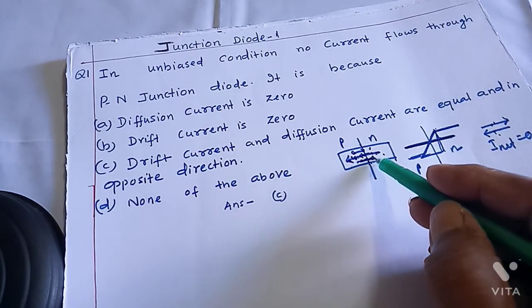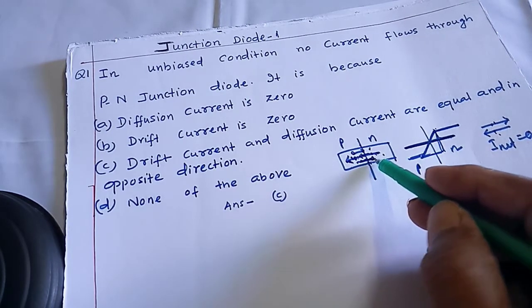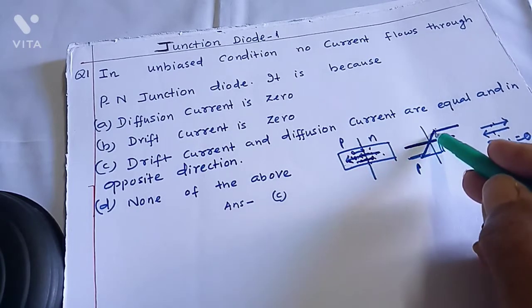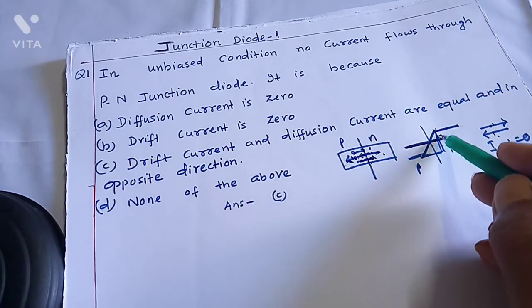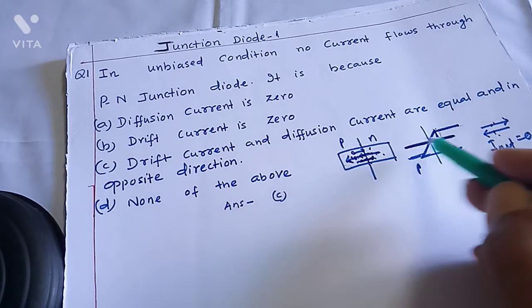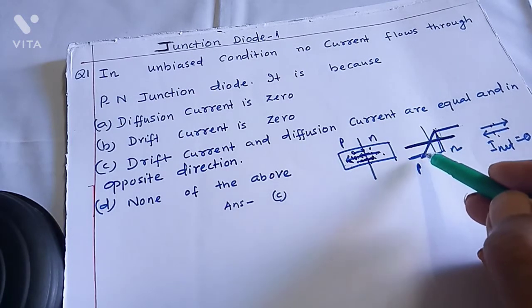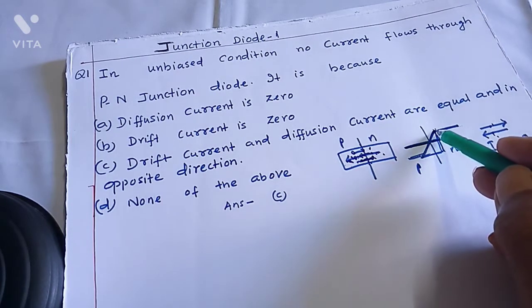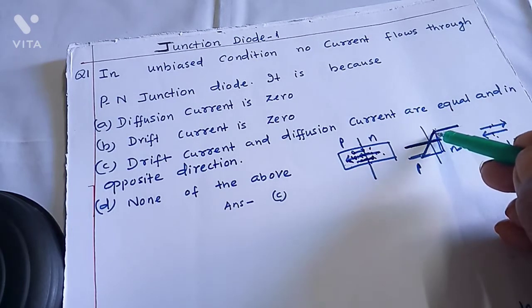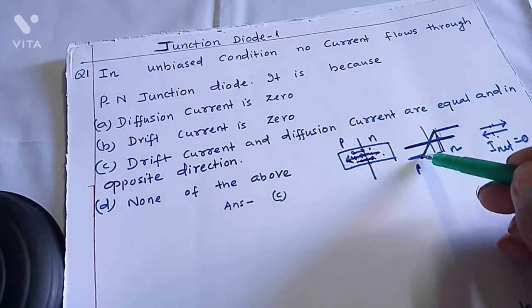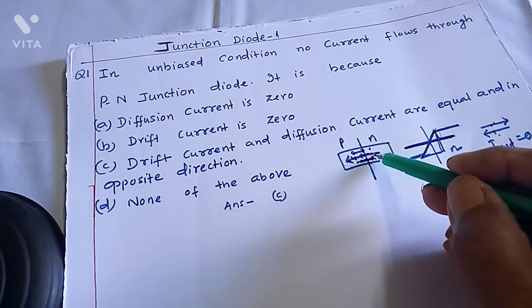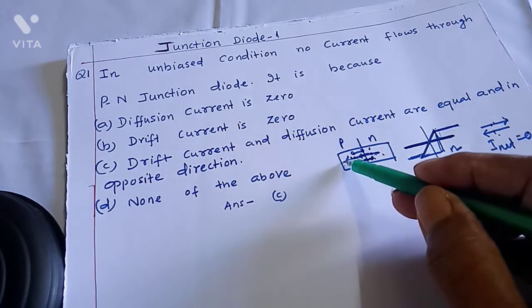Initially P and N were at zero potential. Since the electrons diffuse from N region to P, N develops a positive potential, that is the potential is raised, and P develops a negative potential, that is lowered. As a result, a potential gradient or electric field is established from N region to P region.